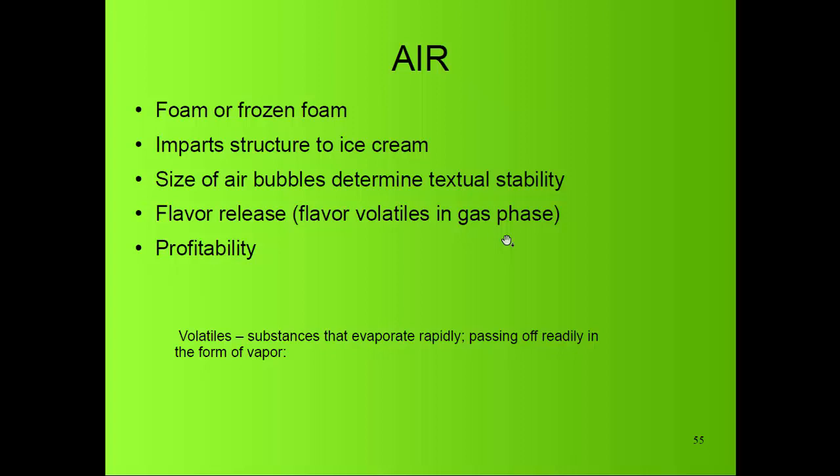So flavors are volatiles in a gas phase. So when things are really cold, you don't taste them very well, right? But as they melt in your mouth, you can taste them. And also, of course, air is good for profitability, right? Let's face it, if you can take a gallon of mix and make 2 gallons of ice cream, it's probably a good thing.